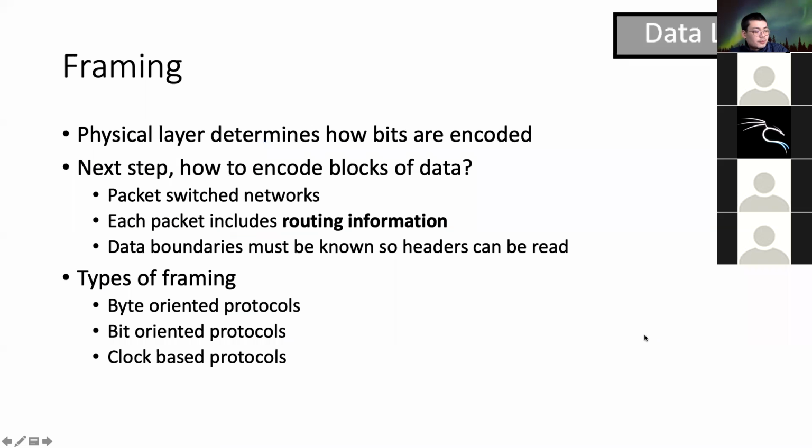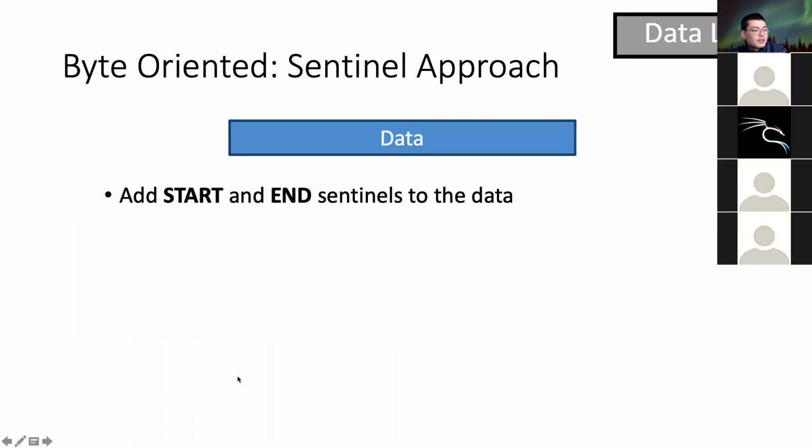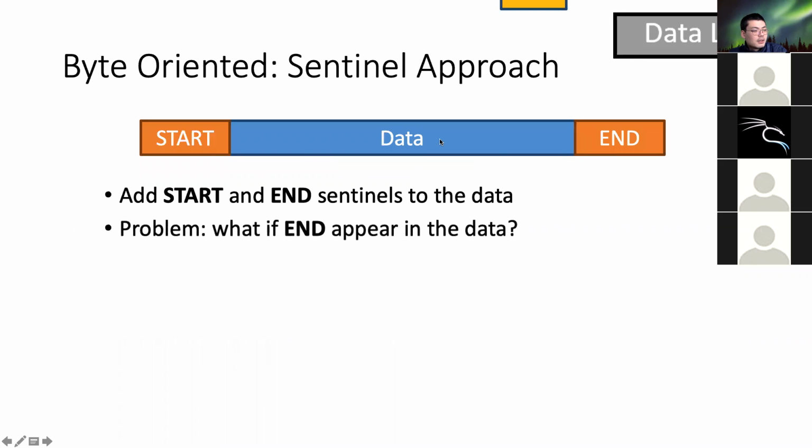For framing, we have three ways of doing it: byte-oriented, bit-oriented, and clock-oriented. Byte-oriented means everything is in bytes. But what if the ending byte also appears in the middle of the data? You should not end there; you should end right here.